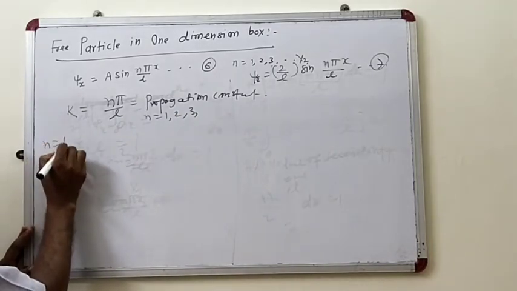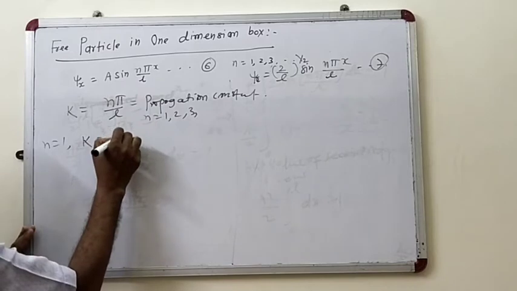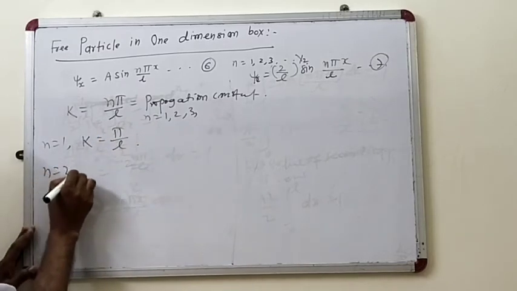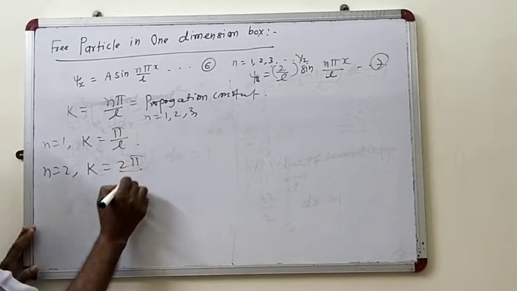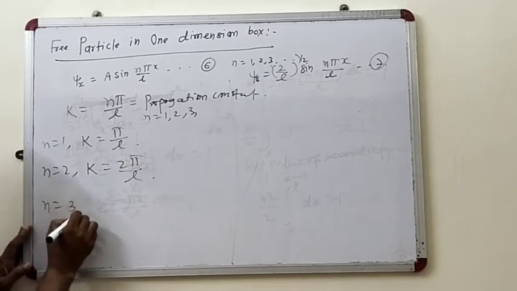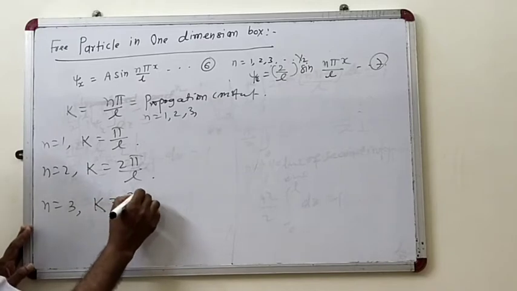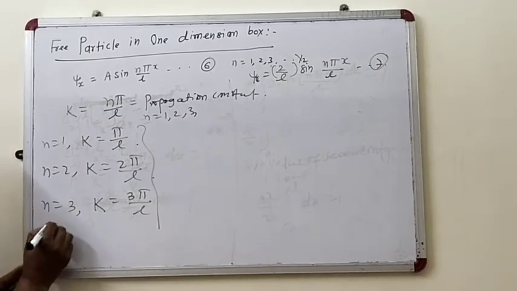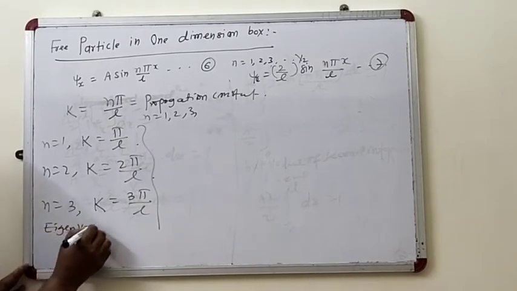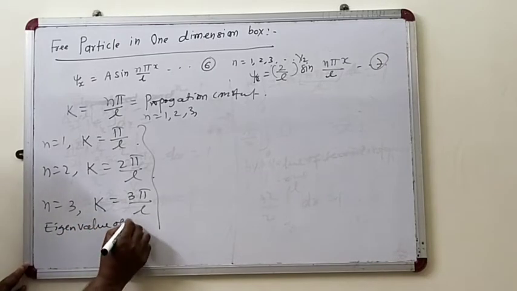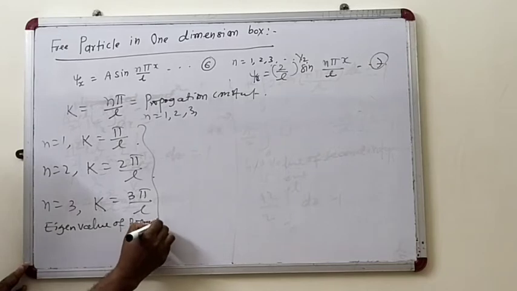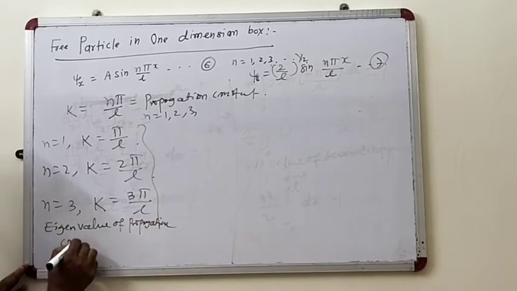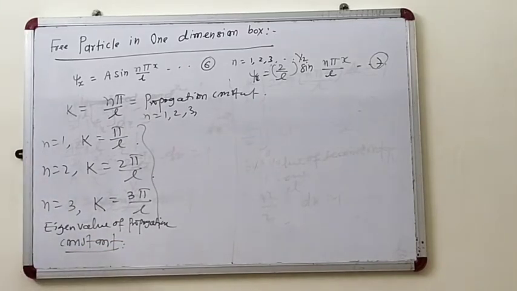When we put n is 1, we get k is pi by L. When n is 2, k is 2 pi by L. When n is 3, k is 3 pi by L. These are called the eigenvalues of propagation constant.